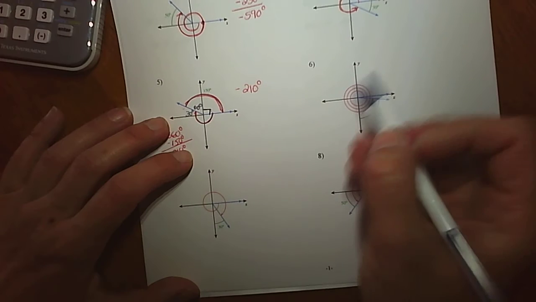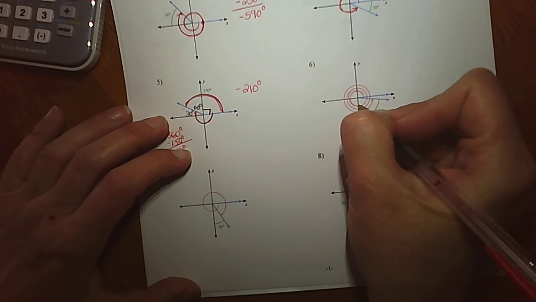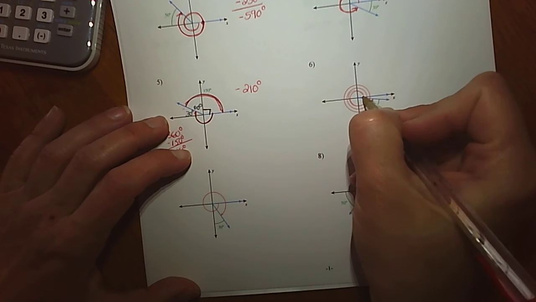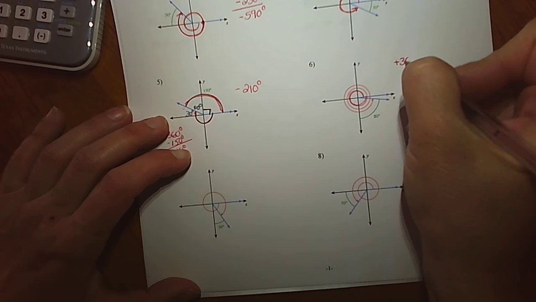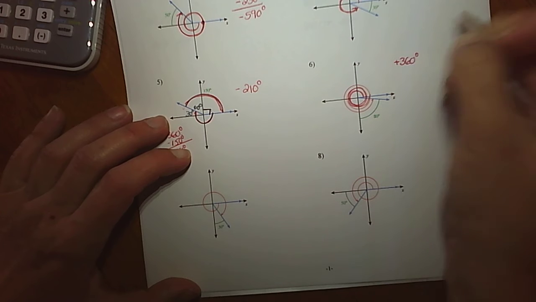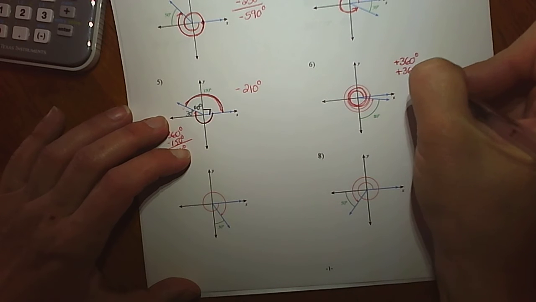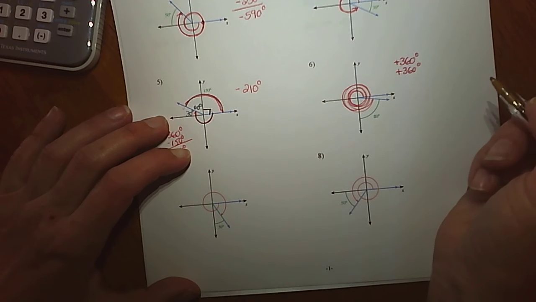All right, look how many times this swirls. Now, got to figure out it's going counterclockwise, so it means it's positive. So I go once around, that's positive 360. Then we go once around again, that's another positive 360. Then we go almost the whole way around again.